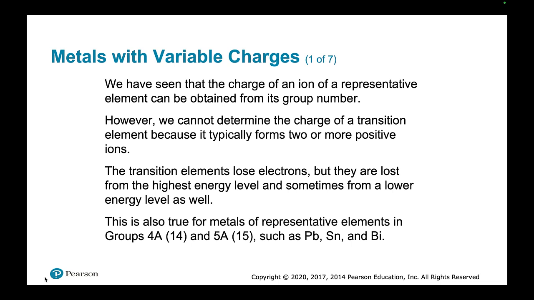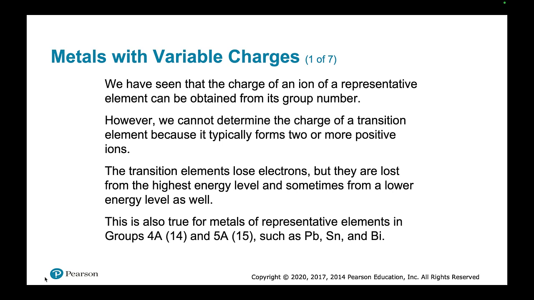So up until now, we have only looked at ion formation with elements from the main group elements or the representative elements. That's group 1A, 2A, 3A, 4A, 5A, 6A, 7A, 8A. But there are other elements out there, right? What about things like iron or copper?